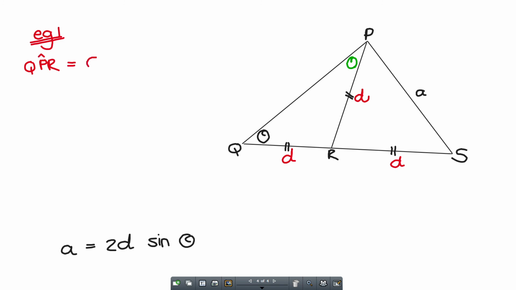is equal to theta. Hoekom het ons dit geweet? Want dit was 'n gelykbenige driehoek. But what's the reason for that? Angles opposite equal sides.